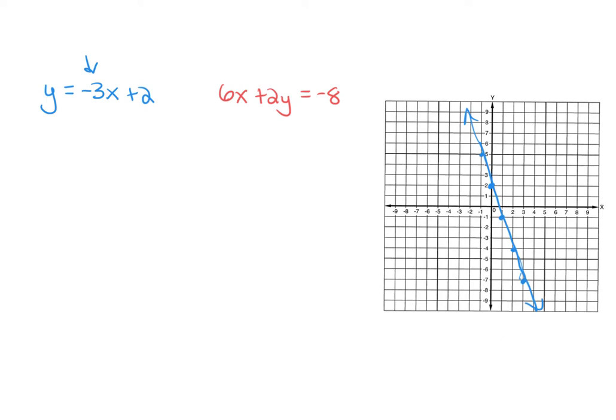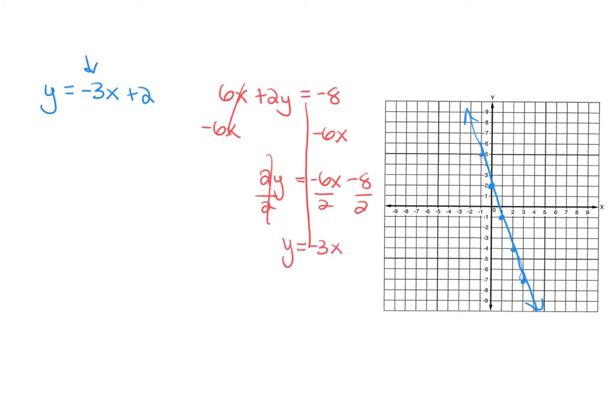Okay, the red function, let's solve it. So minus 6x, 2y equals negative 6x minus 8. Divide everything by 2. So y equals negative 3x minus 4.